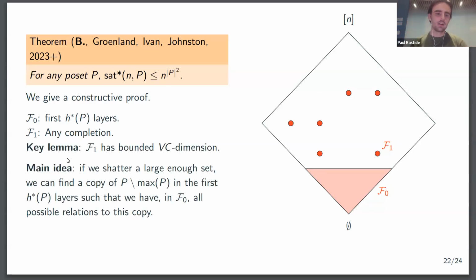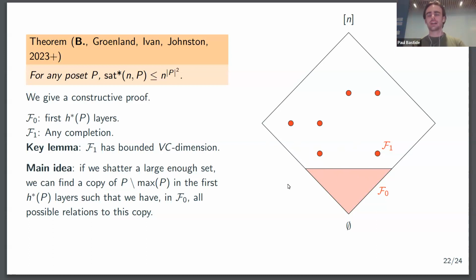And the key lemma is that this completion always has bounded VC dimension, in fact. I won't go into detail of why, but the idea is that if we shatter a large enough set in this set F1, roughly it means that we have all kinds of correlation to this bottom bit F0.